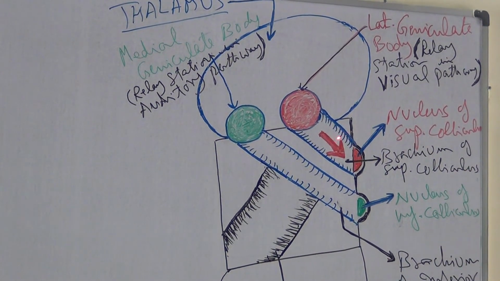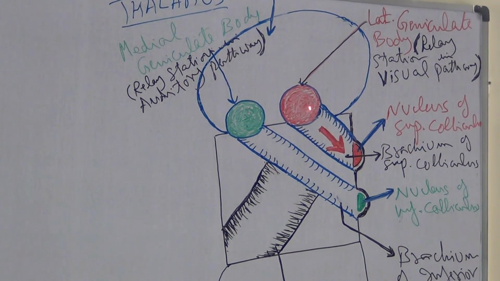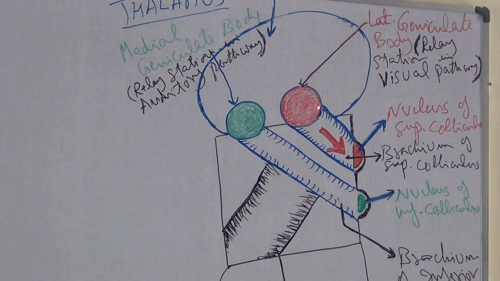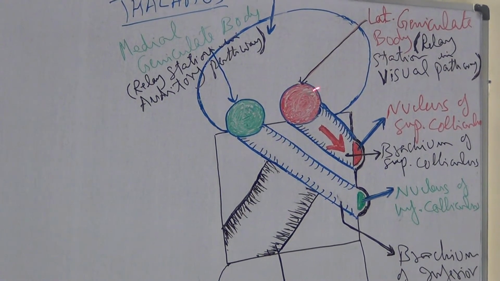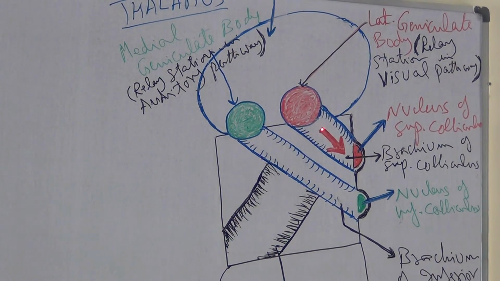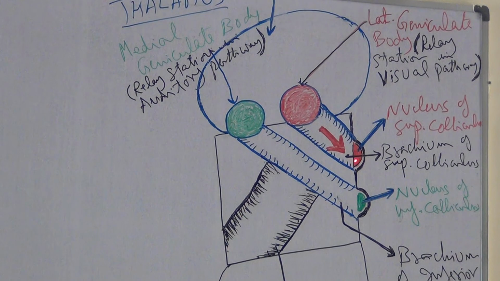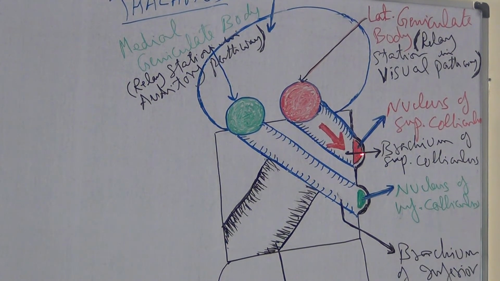These fibers have no connection with the lateral geniculate body. Lateral geniculate body is the relay station for visual pathway. So the fibers for visual reflex pathway enter the brachium of superior colliculus, run downwards and backwards and relay in the nucleus of superior colliculus.